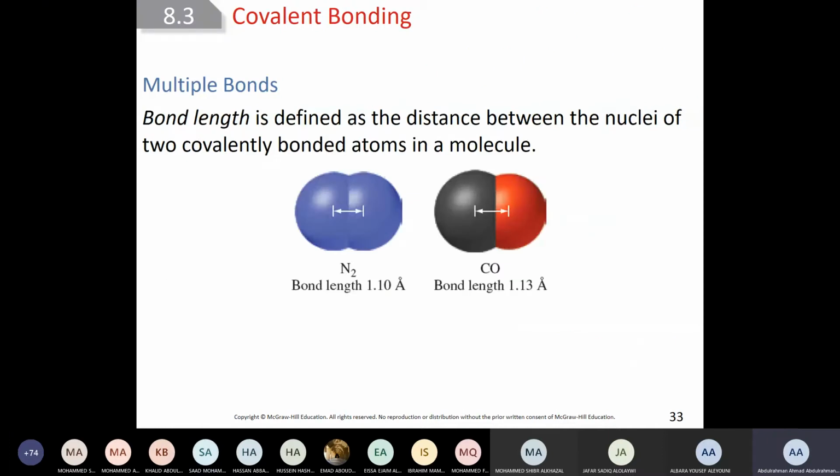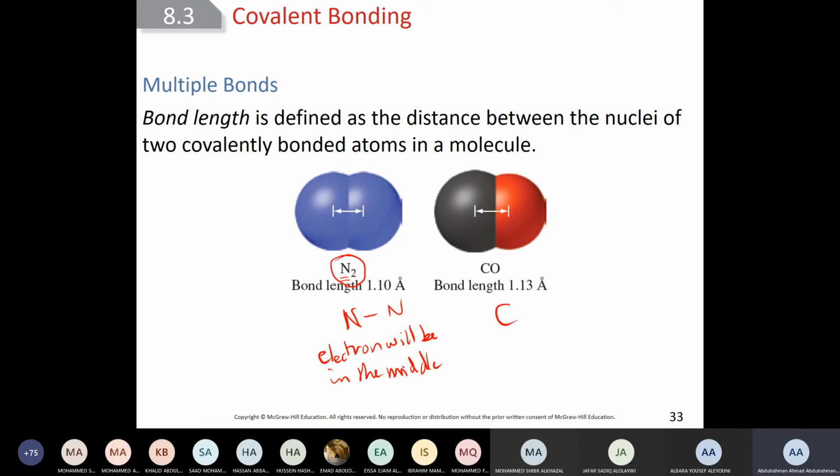Now, I want to tell you that when we have electrons shared between the same atoms, the electrons will be exactly in the middle, between, in this case, nitrogen and nitrogen.